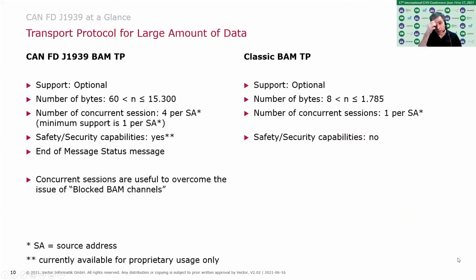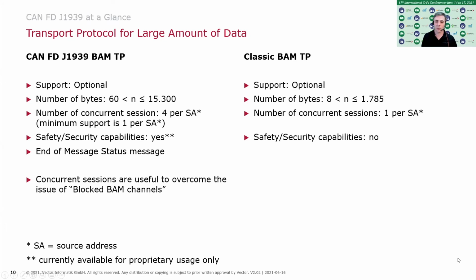If your data is larger than 60 bytes, then of course we still need a transport protocol. There is an equivalent to the existing broadcast announce message transport protocol, also defined on the new CAN-FD layer. This is optional, and it covers every payload that is larger than 60 bytes up to 15,300.